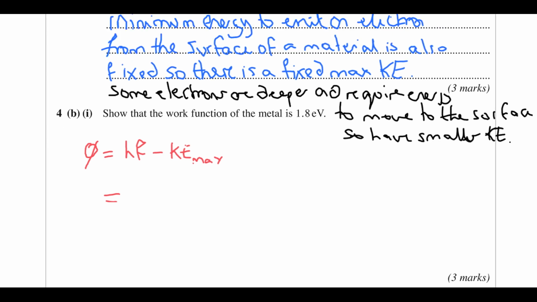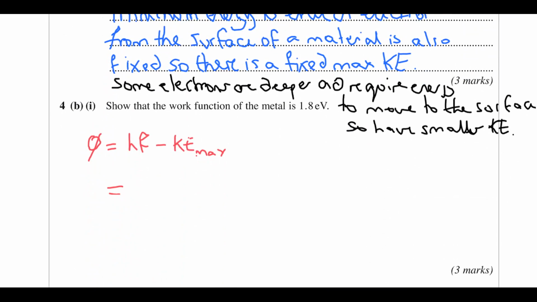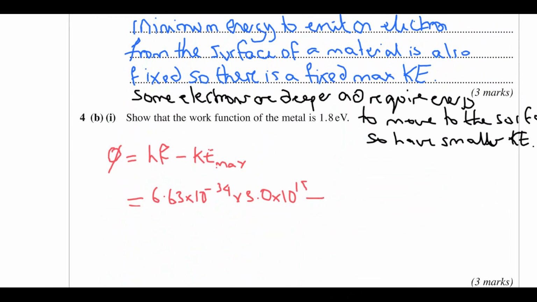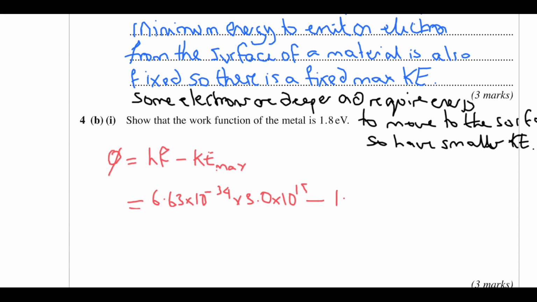Let's get the frequency, 3 times 10 to the 15. So we've got 6.63 times 10 to the -34 times 3 times 10 to the 15, minus the KE max, which is 1.7 times 10 to the -18.